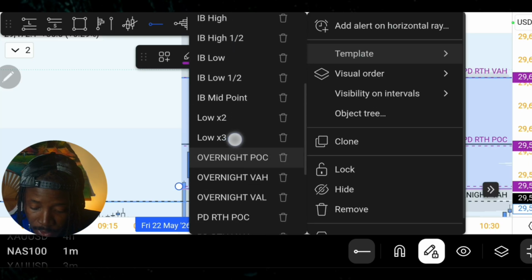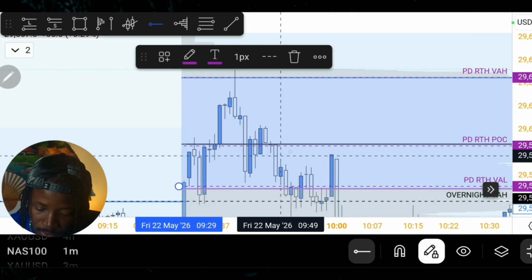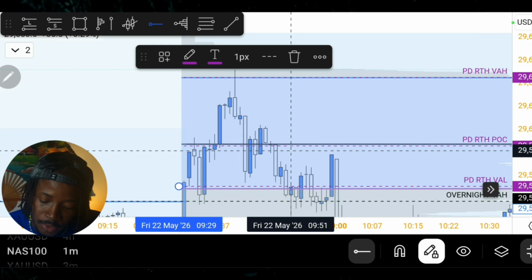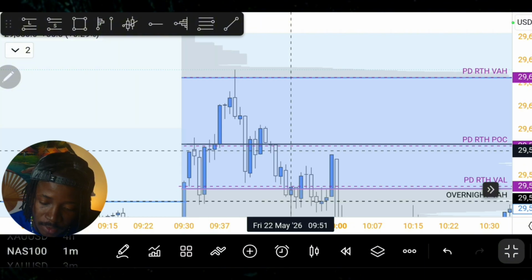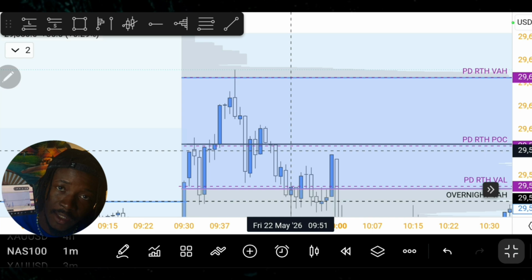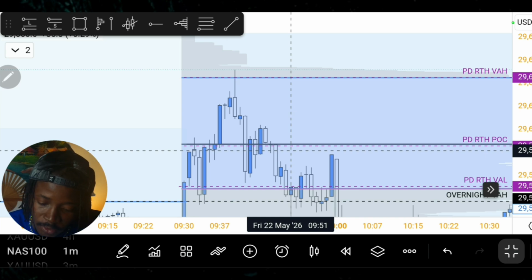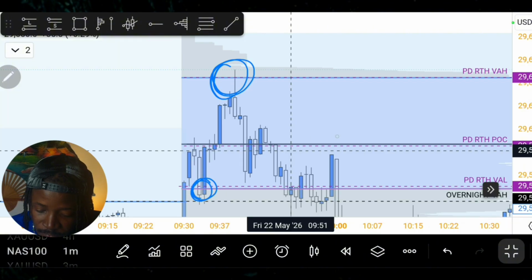Okay, now let's do this. Now that we have it marked out on our chart, just look at what happened right up here. This was the previous night. Just see some clean reactions.